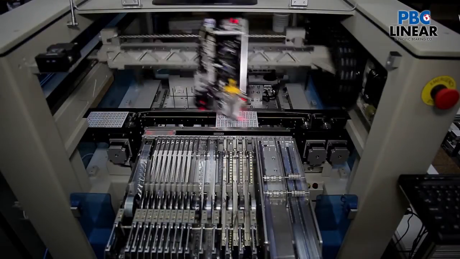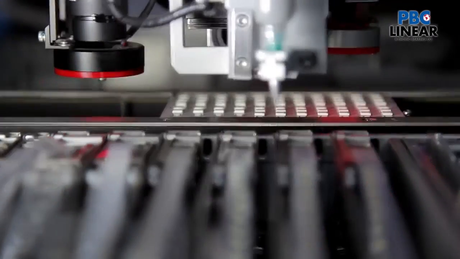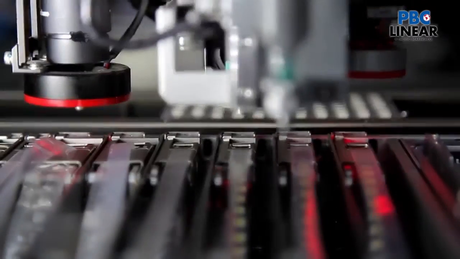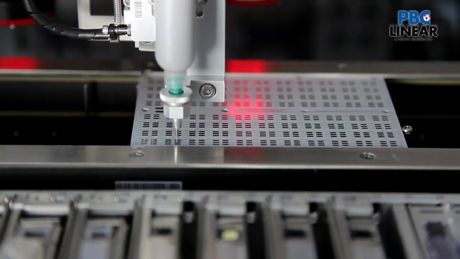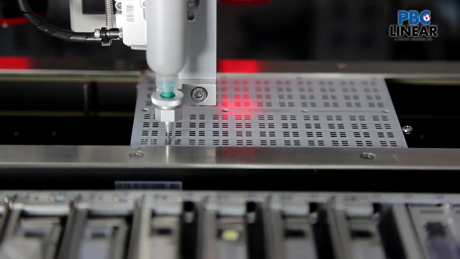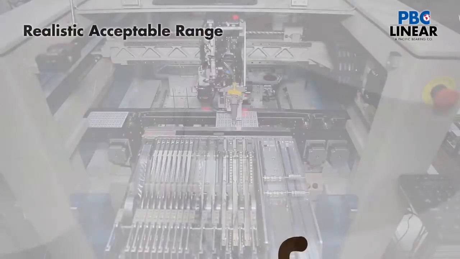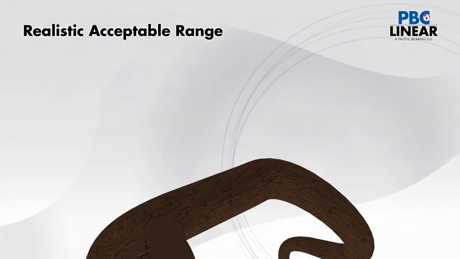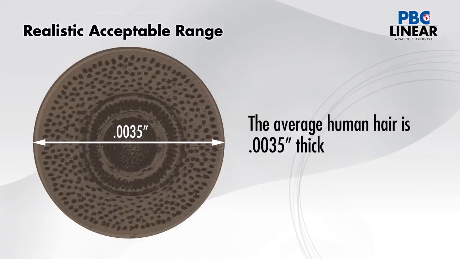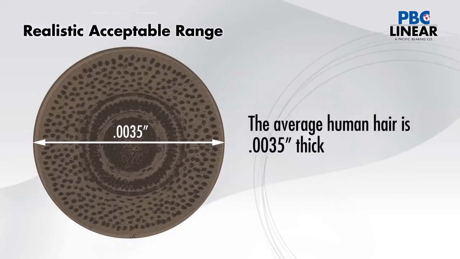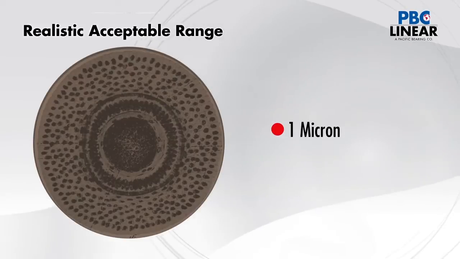Be sure to be realistic when determining the acceptable range of accurate repeatability. Often terms like micron or micro-inch precision are used, or values like 30 micron are set as a requirement for the system. Let's relate real-world positioning to the thickness of the average human hair at about 3.5 thousandths of an inch.